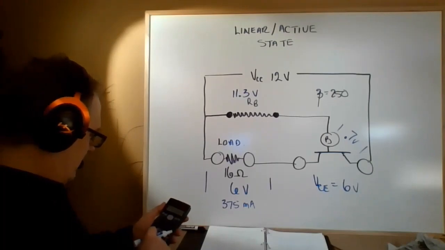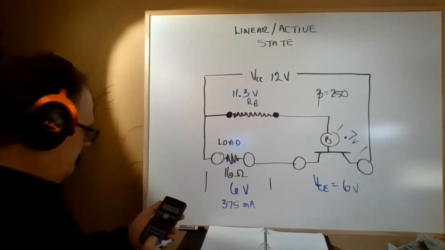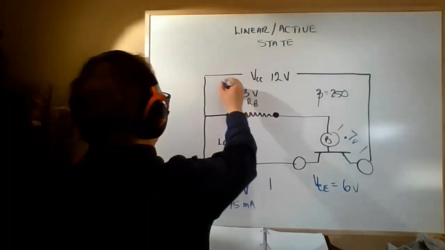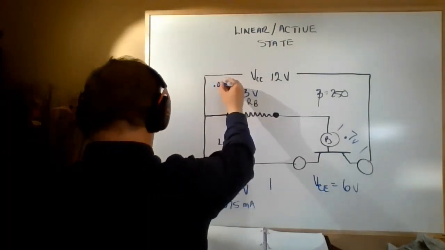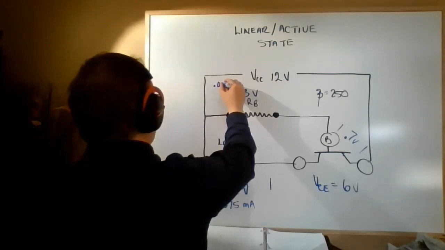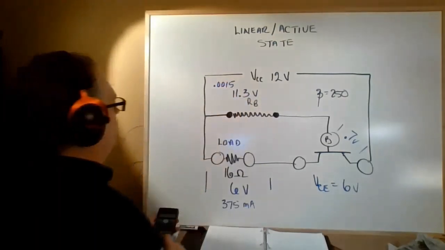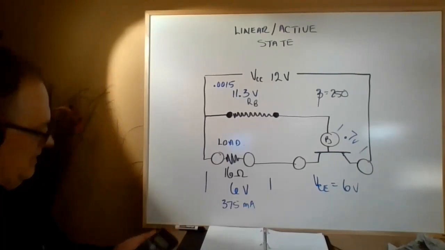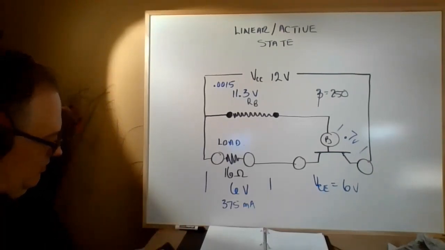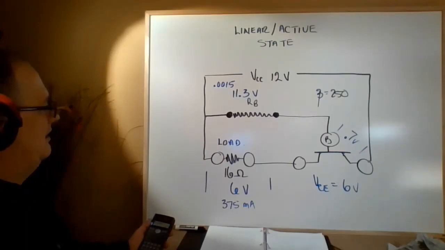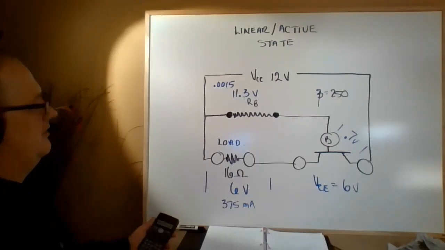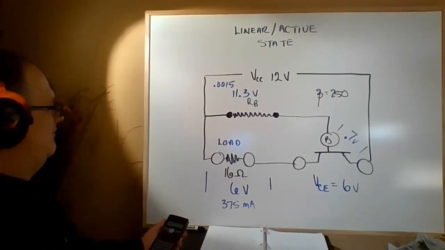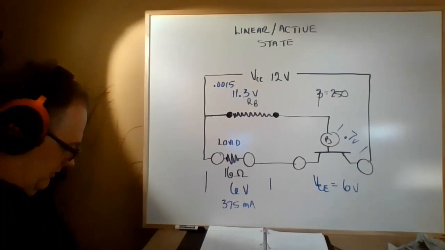Now this current is 250 times larger than the base current. So if I divide 375 milliamps by 250, I get 0.015 amps, which is actually 1.5 milliamps. To find how much resistance that is, R is E over I, so I divide the voltage by that very small current.